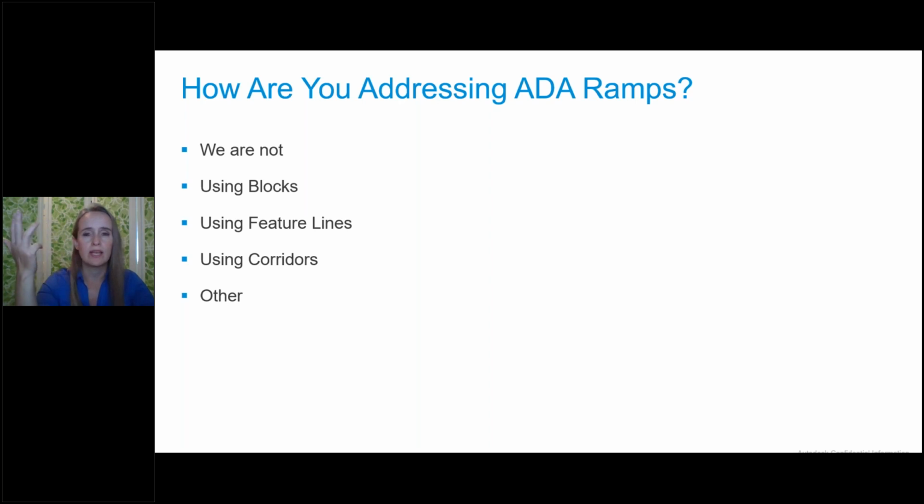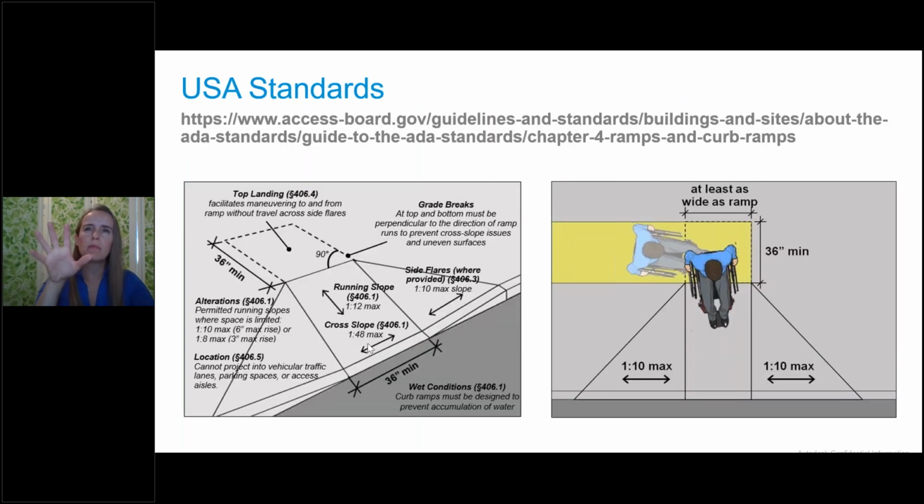We can use corridors. And I am curious, I want to bring that conversation back to those that are using other methods. But let's jump into the software and actually take a look at how we might go about designing this ramp. And I know every state might have their own variation of these standards, but this is the US government standard to follow. Not all sidewalks can be 9 feet wide, which is what this might entail if we were to follow this.